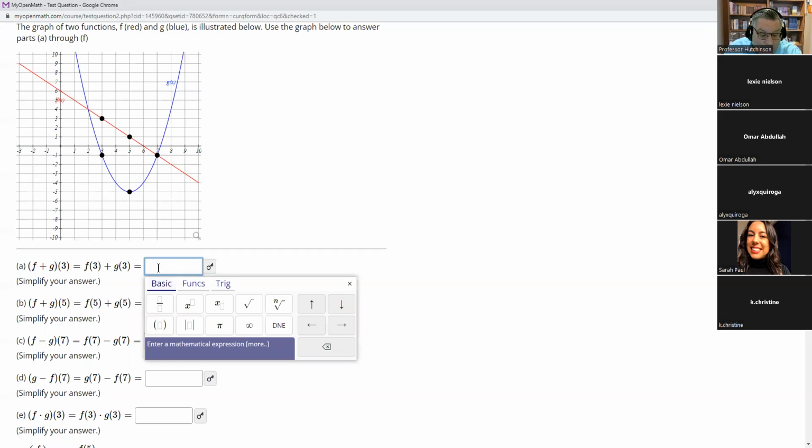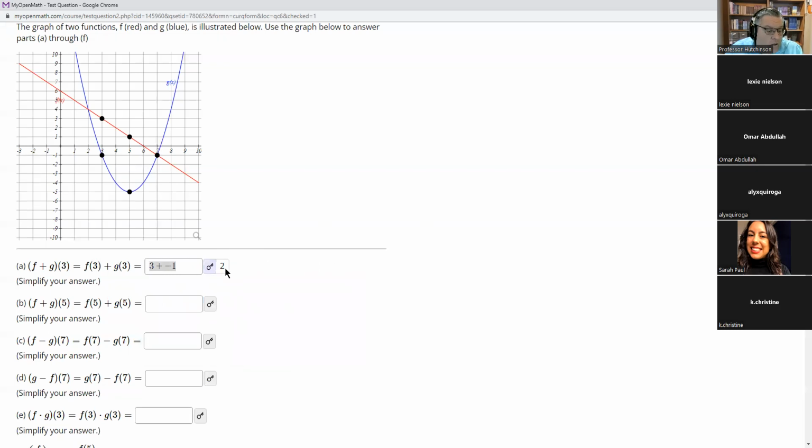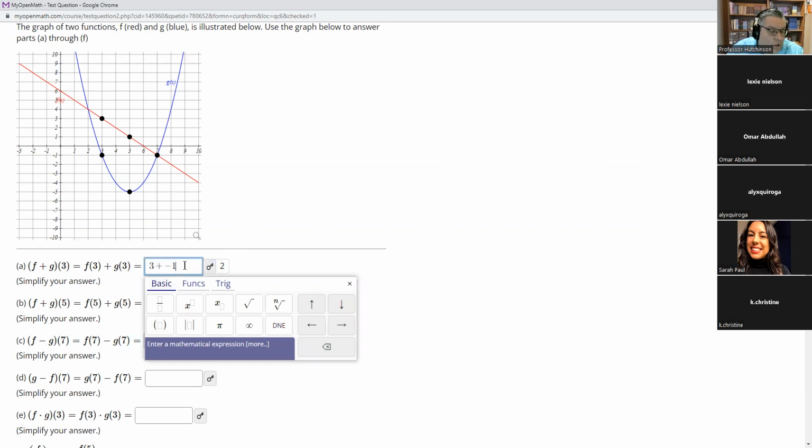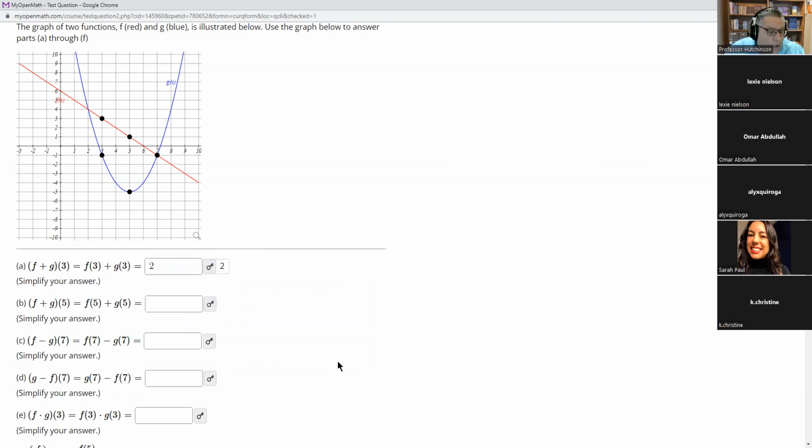Instead of switching back and forth, I know it doesn't want you to write it this way, but I'm going to do this in steps just to show you. f of 3 was 3, put that in there. And I'm adding -1, but of course, when you enter this in MyOpenMath, you're not going to write it out like this. You're actually going to put 2 in there, which is the answer. So 3 minus 1 is 2. You'll just type 2 in there for the answer, and that'll be it.